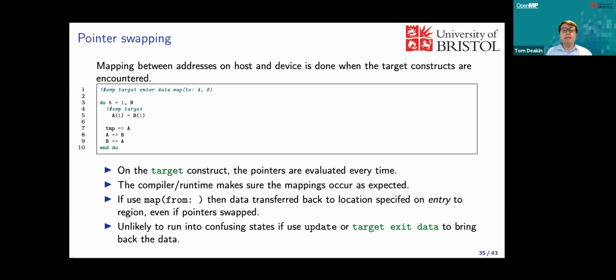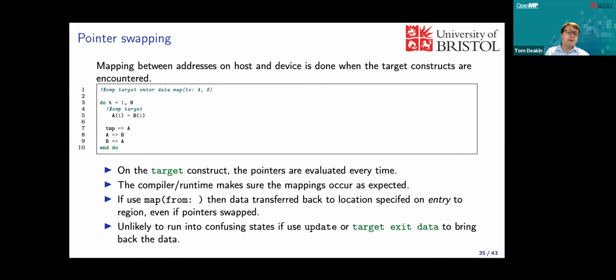So inside that target region, we will observe that A and B have been swapped, because we've swapped them on the host. When we encounter them on the device, we'll still behave as if they've been swapped there as well, because it's just a pointer swap. That idea propagates over because of the way the targets are evaluated.